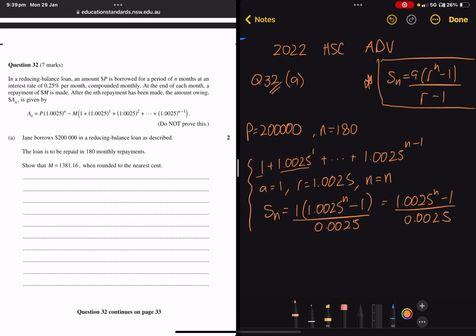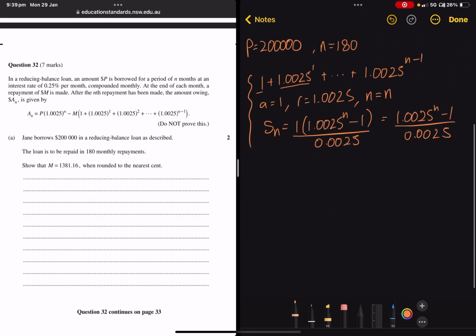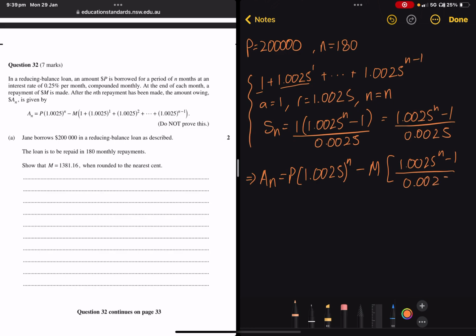We're going to sub this into our A_n formula. So this gives us A_n is equal to P times 1.0025 to the n, minus M times 1.0025 to the n minus 1 over 0.0025.